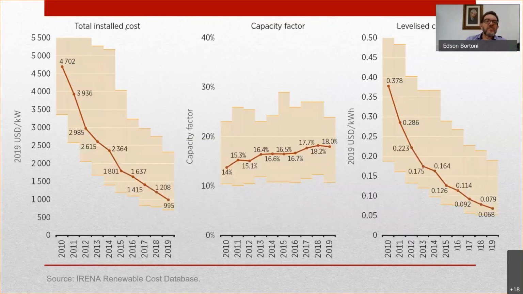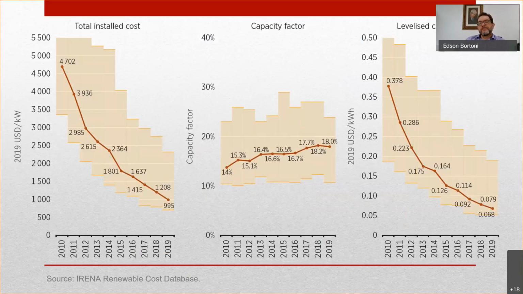So the cost is reducing. In 2019, it was less than $1,000 per kilowatt. This is the cost of the cell, but there are many other costs, installation costs, that go to that 2,000.